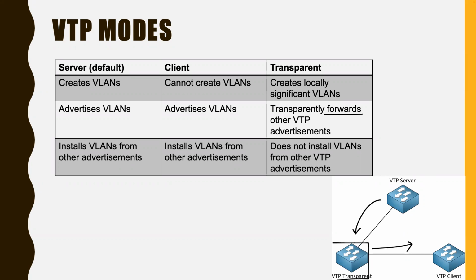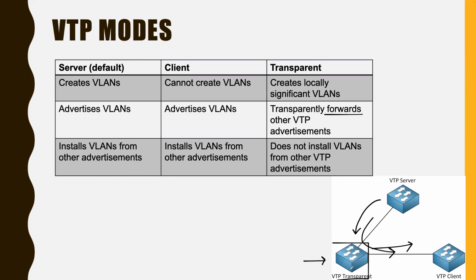I mean, on this switch, I want to create the VLANs manually. I do not want to learn from anywhere else. But since this is coming in between these two switches, I want to relay this VLAN information from this server to the client. That's where we can configure VTP transparent.